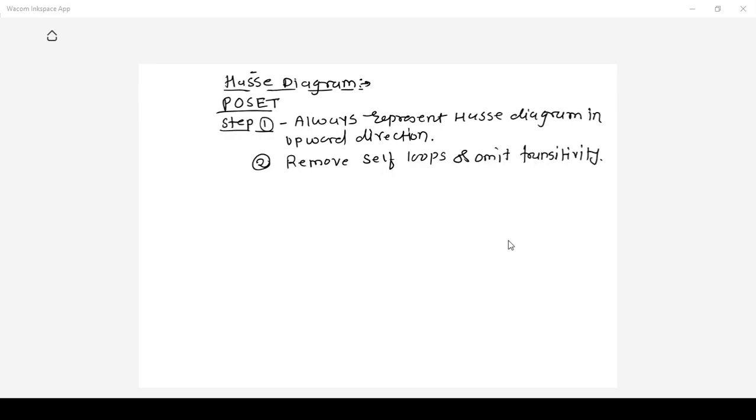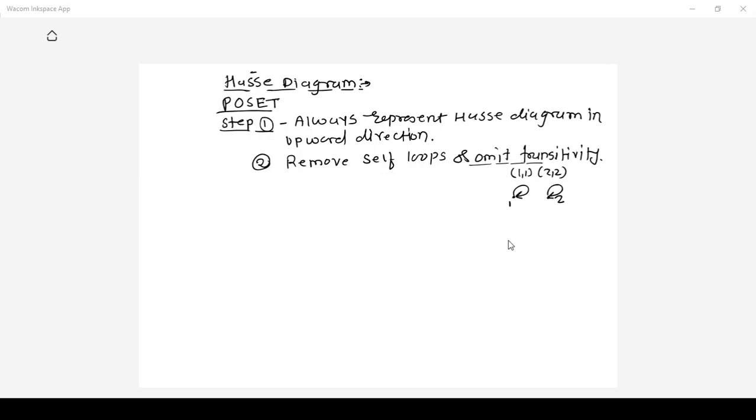Self loop meaning: if we have relation pairs like (1,1), (2,2), we can represent these relation pairs in graphical form like this. If 1 is the element, then 1 is related to 1 like this. If 2 is the element, 2 is related to 2 like this. And second, we should also omit the transitivity.